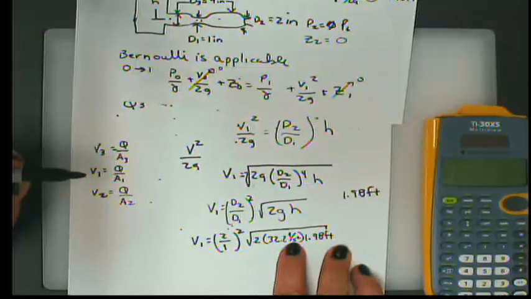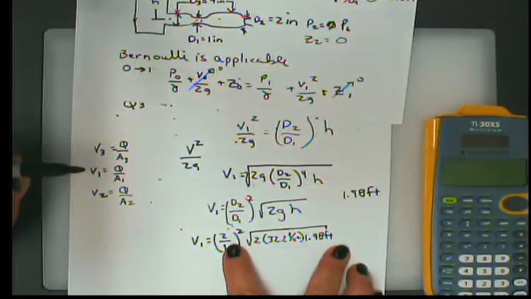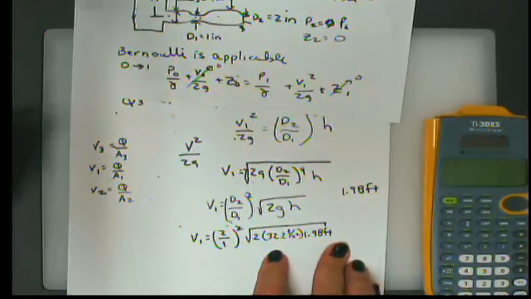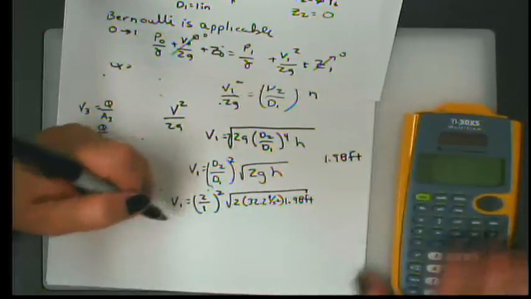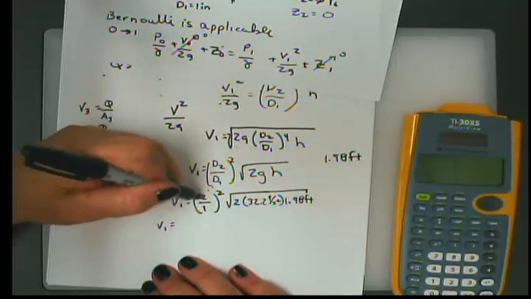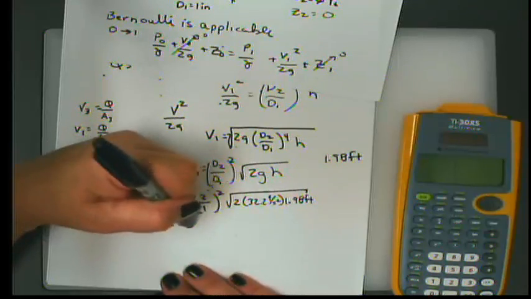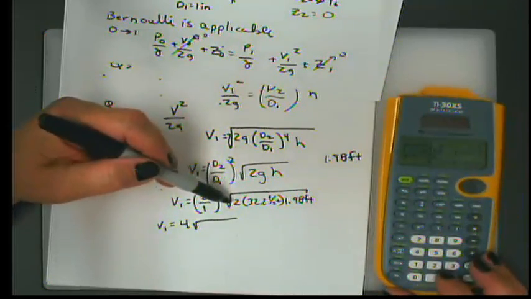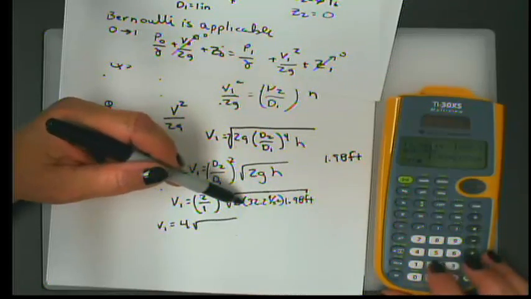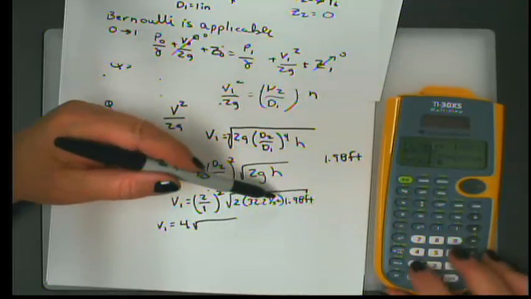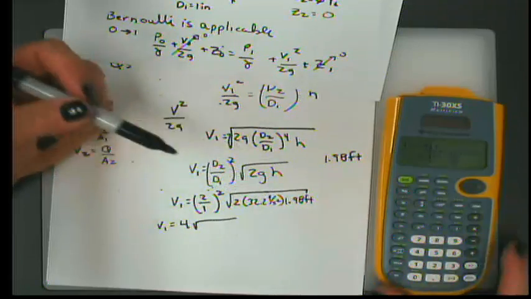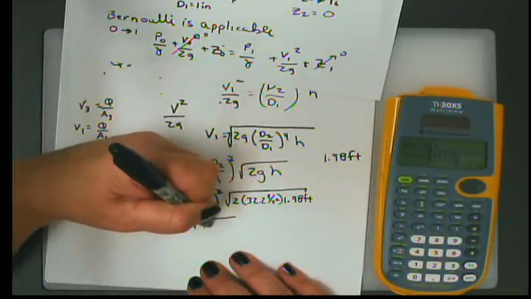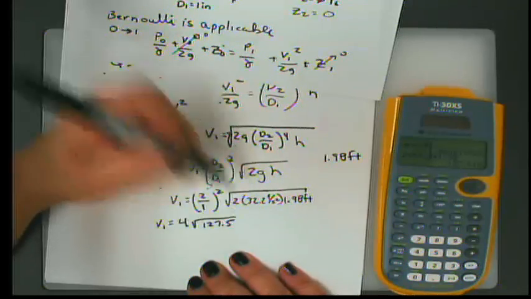All right, so first of all, I can see from my units, this is dimensionless. Here I'll have feet squared per second squared. When it comes out of the radical, it'll be in feet per second. So we get V1 is equal to 2 squared, which is 4, times the square root of this quantity, 2 times 32.2 times 1.98. So that's the square root of 127.5.